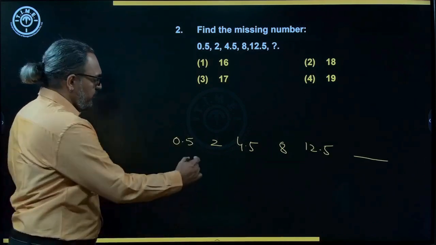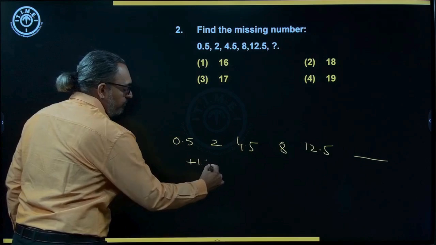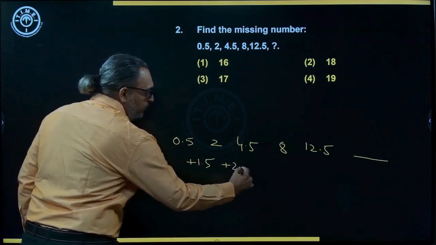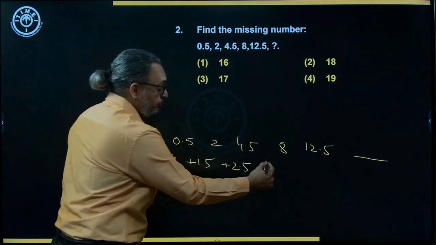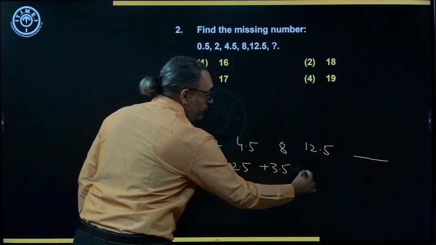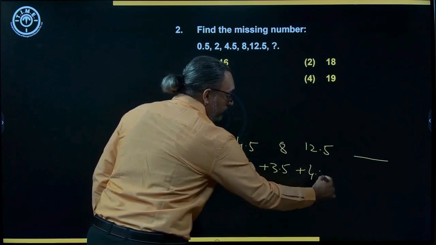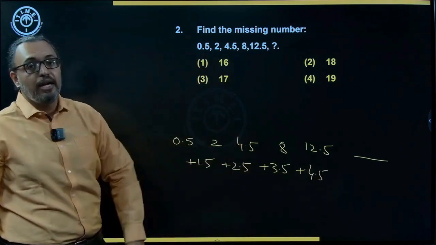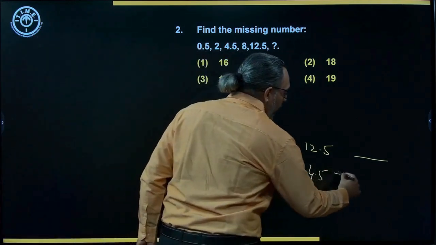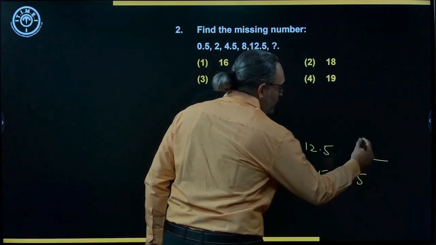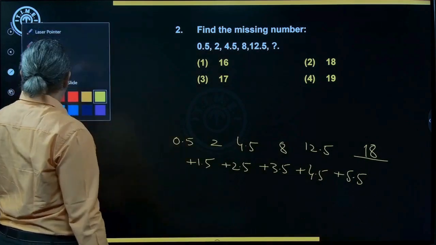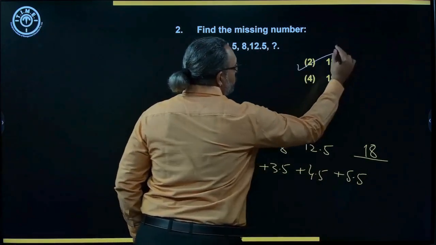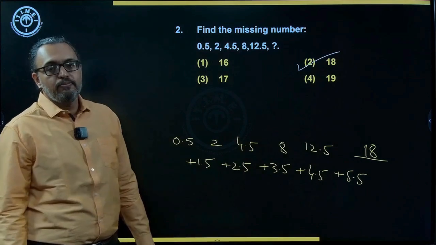Here you are adding 1.5, then 2.5, then 3.5, then 4.5. That is how the addition is happening. The next you add 5.5, so you get 18, and that's available in choice 2. So that's the answer.